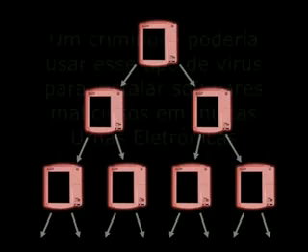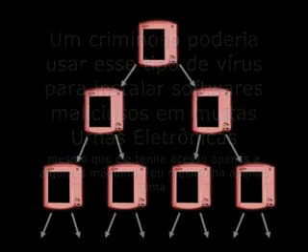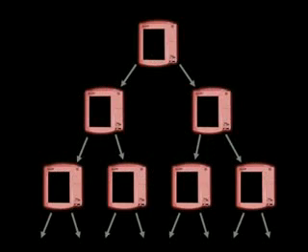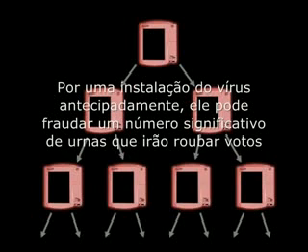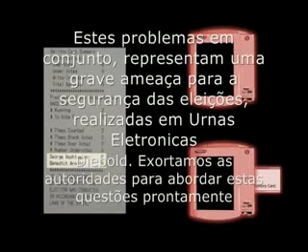A criminal could use this kind of virus to install malicious software on many voting machines, even if he has access to only a few machines, or even only one. By planting a virus far enough in advance, he can ensure that a significant number of machines will steal votes on election day. These problems, taken together, pose a very serious threat to the security of the elections conducted on Diebold AccuVote TS voting machines.